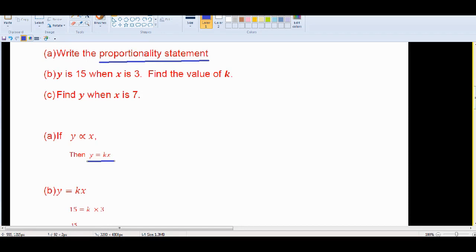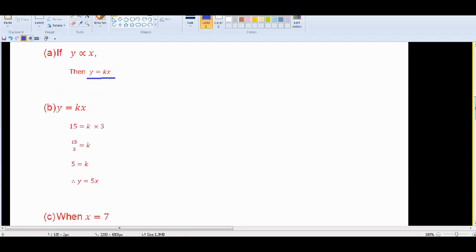So part B, you are going to find the value of k. And they need to give you a pair of values for y and x. So if it's given y equals 15 and x is 3, how could we find k? Remember, we've already got an equation.